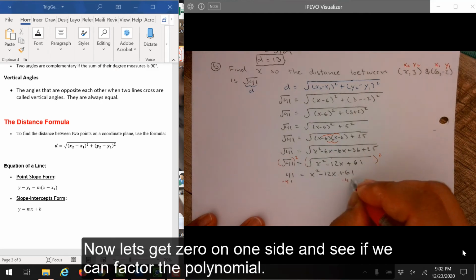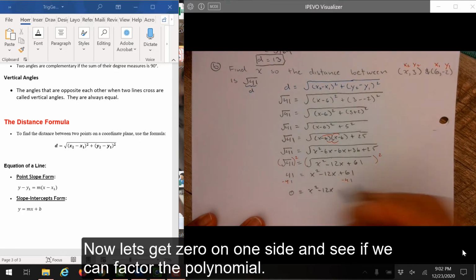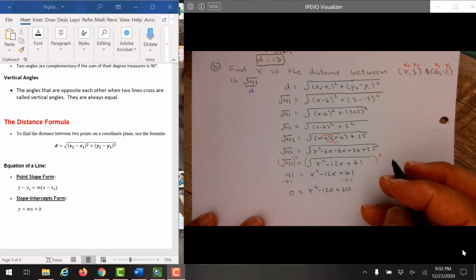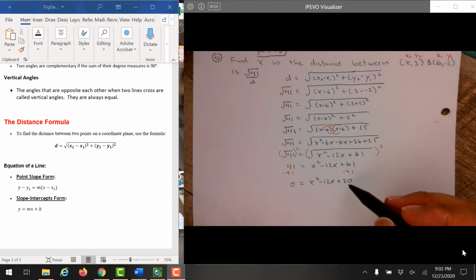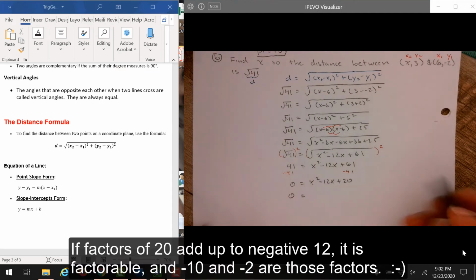Now let's get 0 onto one side and see if we can factor the polynomial. If factors of 20 add up to negative 12, it is factorable, and negative 10 and negative 2 are those factors.